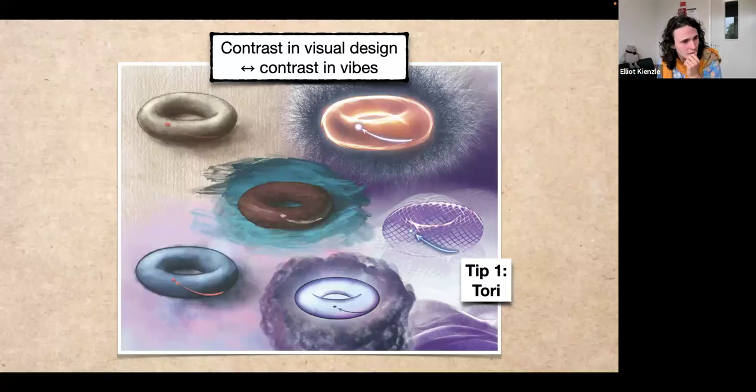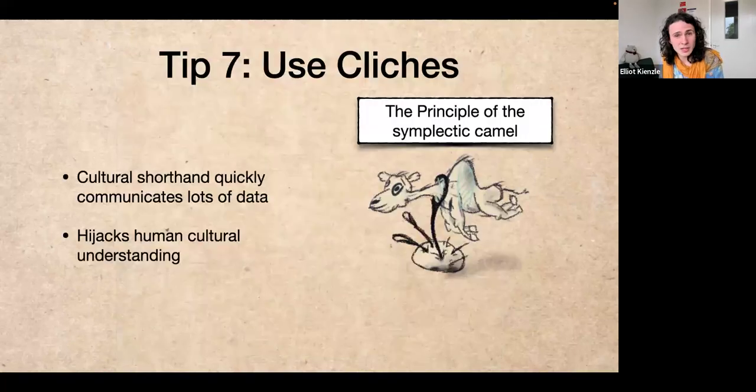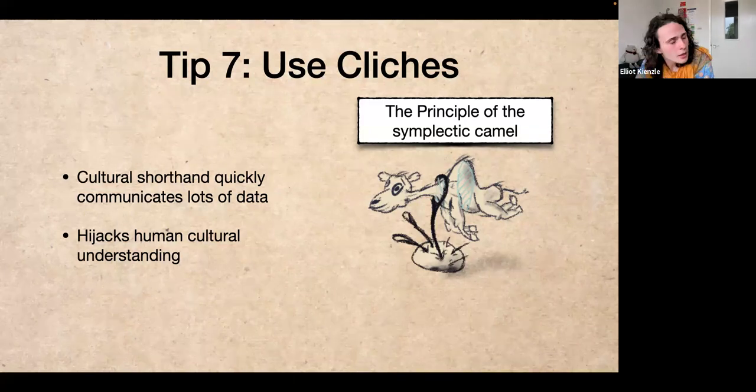In particular, this isn't just purely visual, there's some cultural component to this. I mean, pastels and watercolor communicate children's drawings and picture books, and that's part of what gives them this emotional resonance in your head. And in fact, this connection with culture is also a very powerful tool, which leads me to tip number 7, which is to use cliches liberally.